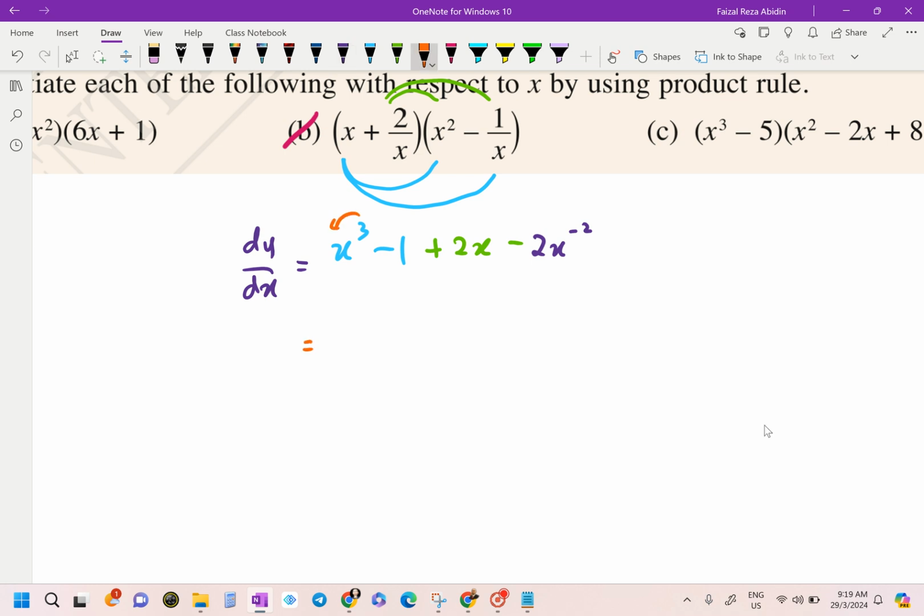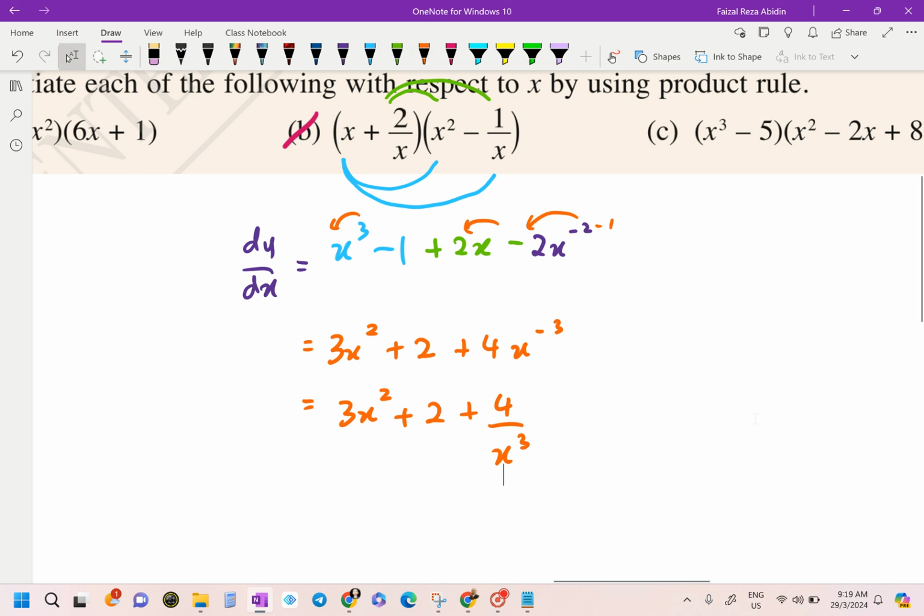Bring to the front, so we're going to get 3x squared. This one we are going to get 0. This one I'm going to get 2. This one, negative becomes positive 4. This one minus 1, so I'm going to get negative 3. So what I'm going to have over here is 3x squared plus 2 plus 4 over x cubed. That's it. Right. Number 2B.